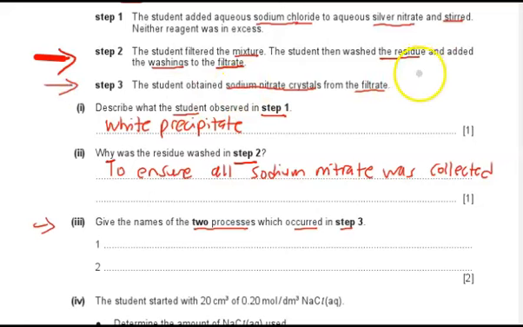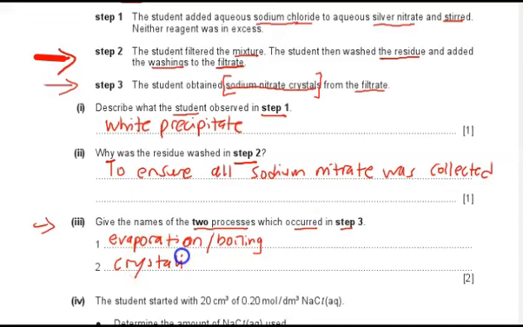They get this filtrate and then heat it until they form sodium nitrate crystals, from a liquid to a crystal. So you will have to make the water evaporate. So you can say the evaporation process, or you can boil it to make it faster, and then you have the crystallization process.